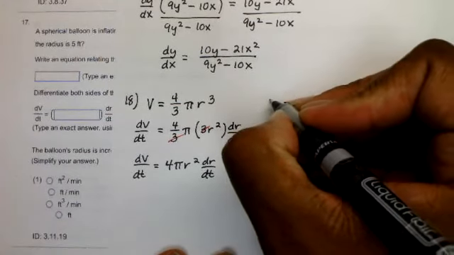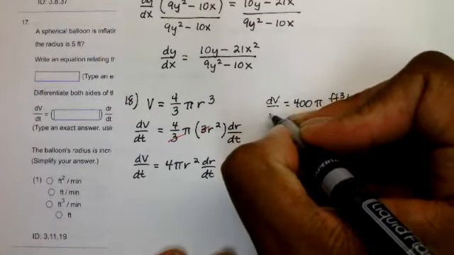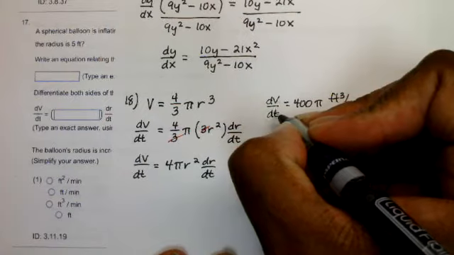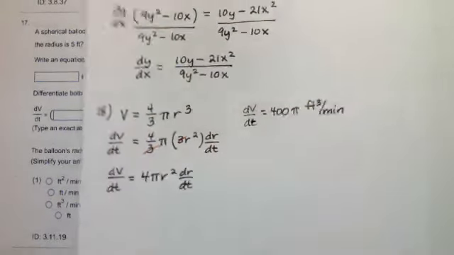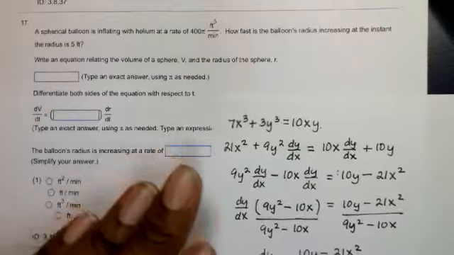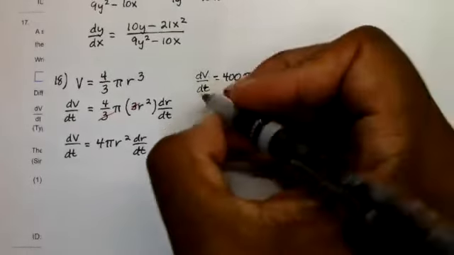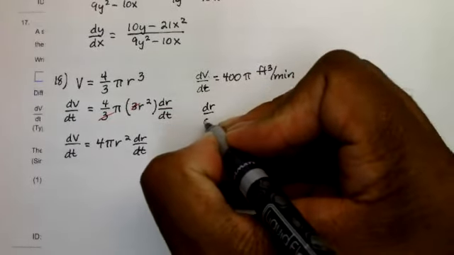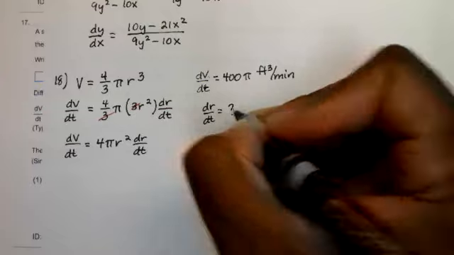So it's actually dV dt, not dr dt. dr dt is what we're trying to find. How fast is the balloon's radius increasing? So dr dt is what we're trying to find.